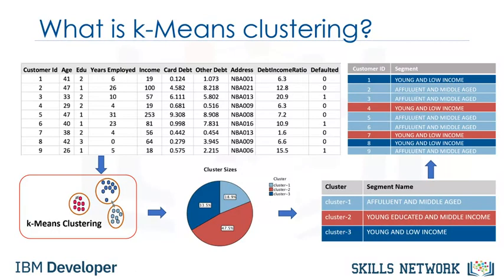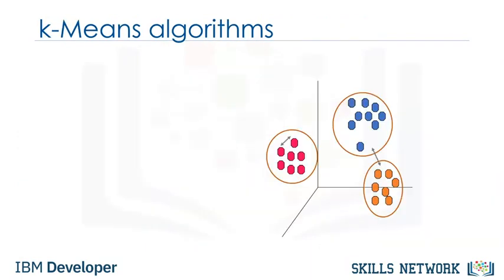K-means can group data only unsupervised, based on the similarity of customers to each other. Let's define this technique more formally. There are various types of clustering algorithms, such as partitioning, hierarchical, or density-based clustering. K-means is a type of partitioning clustering.